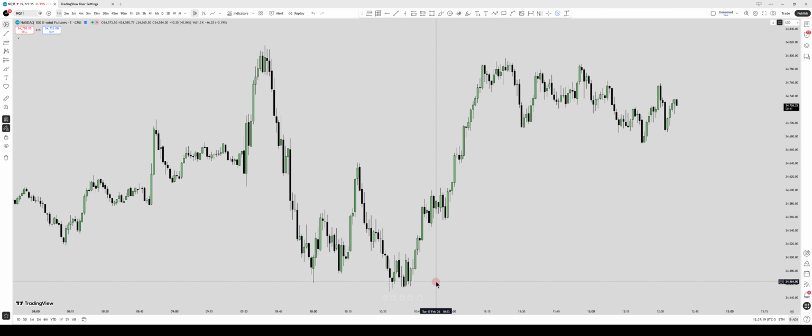So first of all, the ICT suspension block is a single candlestick that is literally sandwiched between two volume imbalances. A volume imbalance is a gap that forms when price opens at a certain area and opens at another certain area.